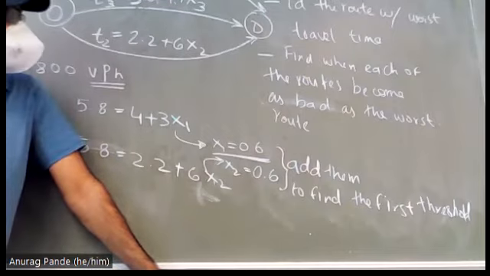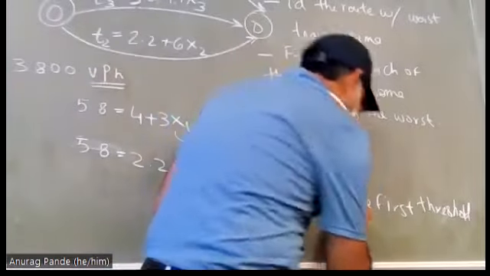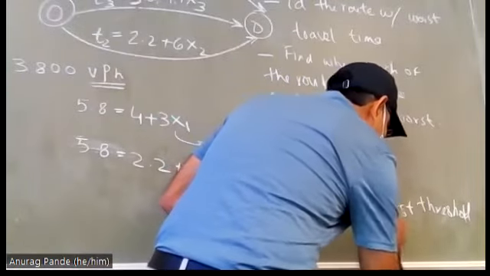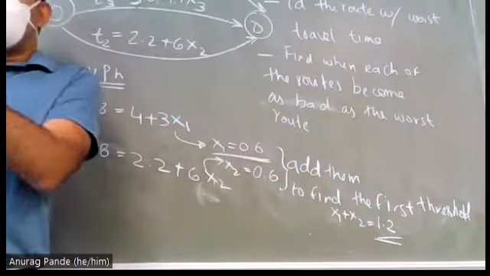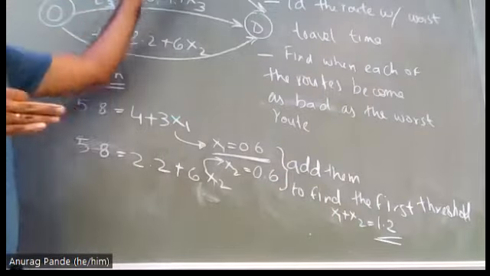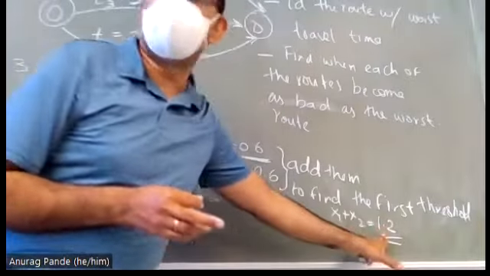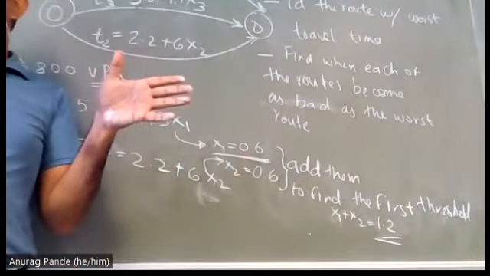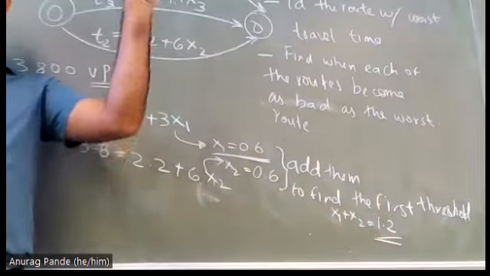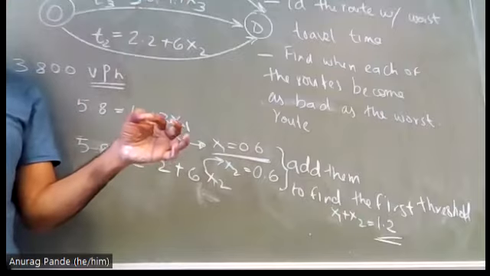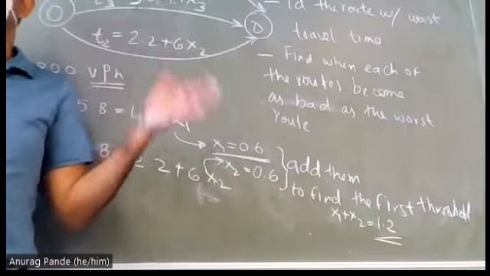So what is that threshold? 0.6 plus 0.6 is 1.2, so x1 plus x2 should be 1.2. That means anytime my total demand exceeds 1200 vehicles per hour, remember all these units are thousands of vehicles per hour, I have to make use of all 3 routes to distribute my traffic.